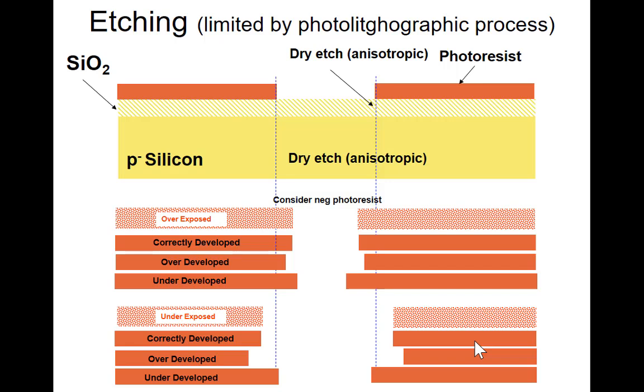So if your photo mask says that you want this part, but then when you expose the light, it may not stop exactly here. So the exposed part may go here or may go under. That could be another source of error.